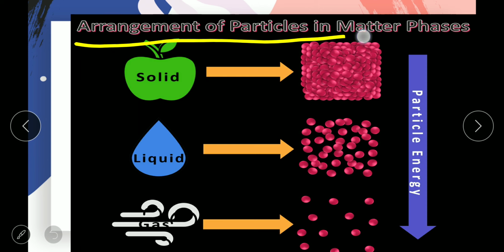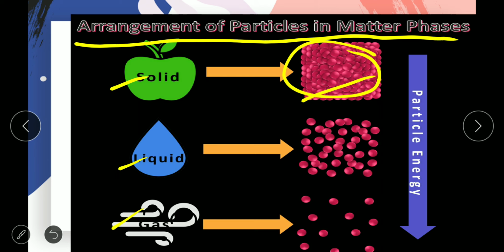Arrangement of particles in the phases of matter. Matter is divided into three main parts: solid, liquid, and gas. In a solid, particles are very closely packed and they are not free to move.